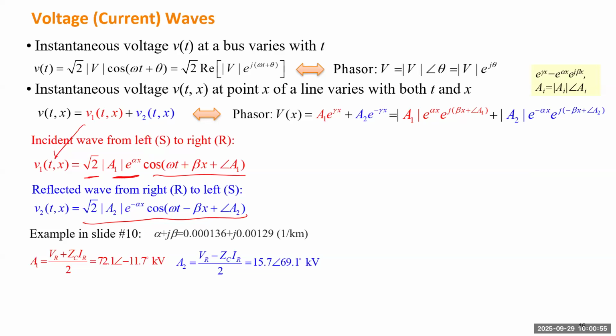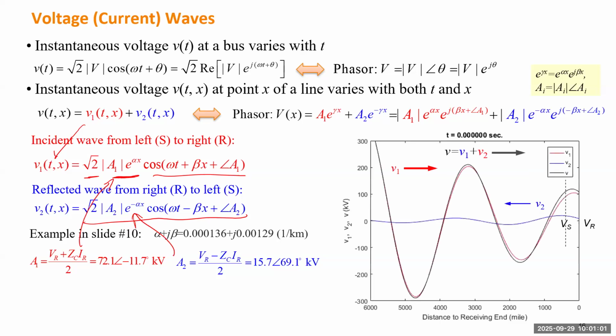We just plug A1 and A2 into those two formulas to see what happens. We can draw those two functions. There are three curves: the red one indicates A1, the blue one indicates A2, and we also calculate the black curve, which indicates the sum.